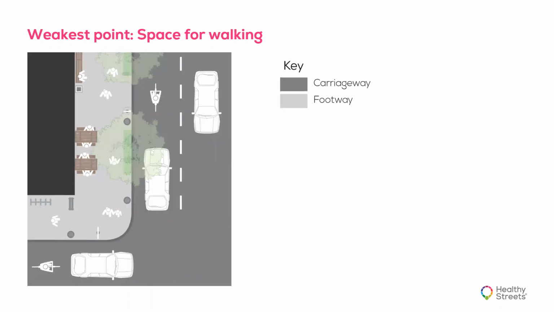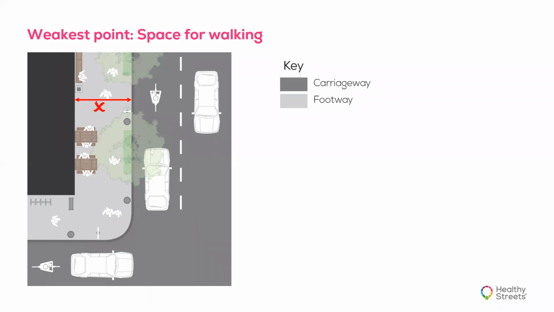Let me give you an example for this. One of the metrics is looking at the effective width of the space for walking. And for this, we're measuring the weakest point. This aerial view shows you a building in black with light grey footway and a dark grey carriageway. You might think it would make sense to be measuring from the building line to the curb edge for the space for walking, but this is not what we're looking at.